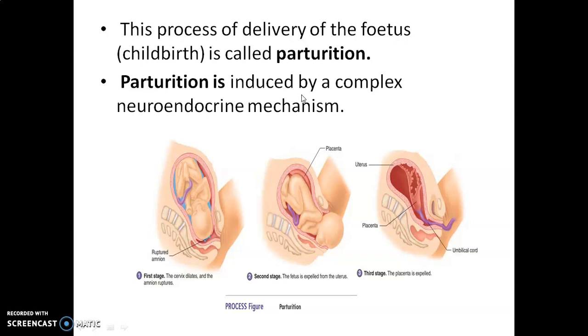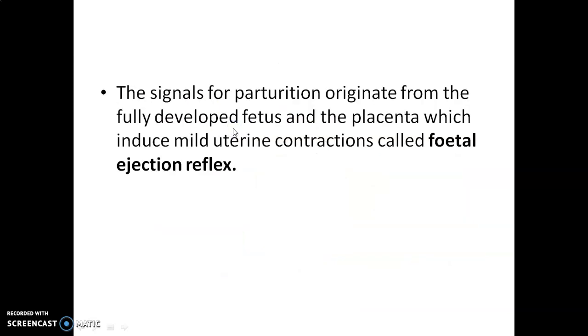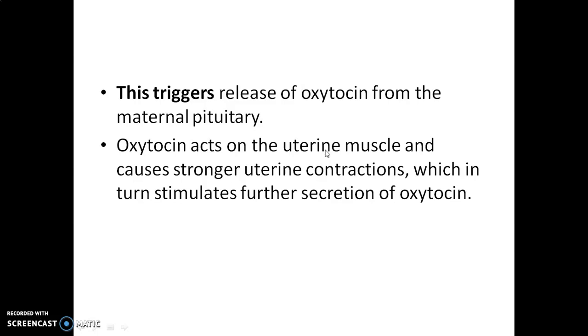Children, parturition is induced by a complex neuroendocrine mechanism. The signals for parturition originate from the fully developed fetus and the placenta, which induce mild uterine contractions called fetal ejection reflex. This triggers release of oxytocin from the maternal pituitary.